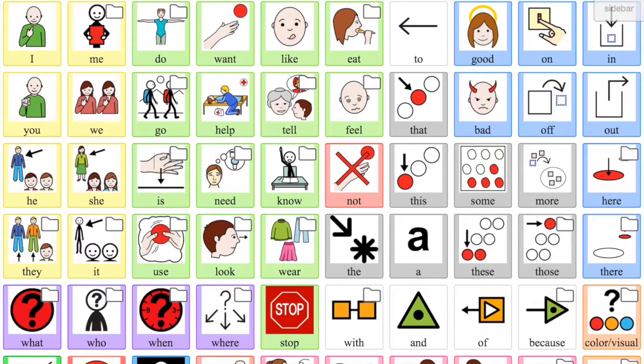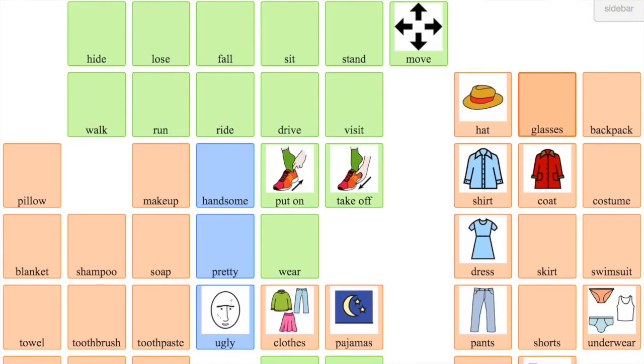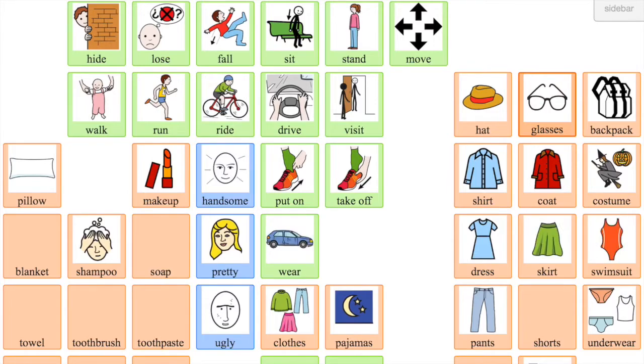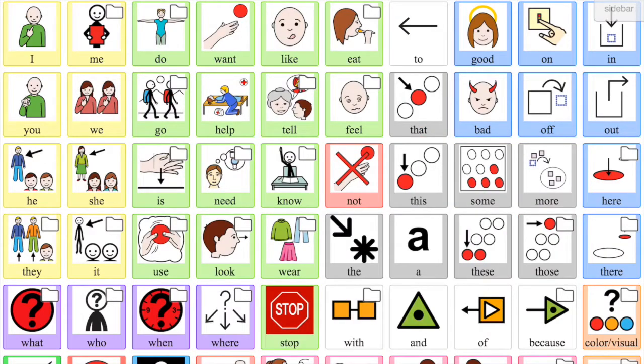So you can say, I want. And let's see what we can put in here. The buttons with the little folder icon are folder buttons. So we could say, I want dress.